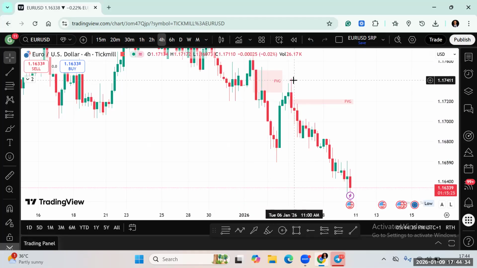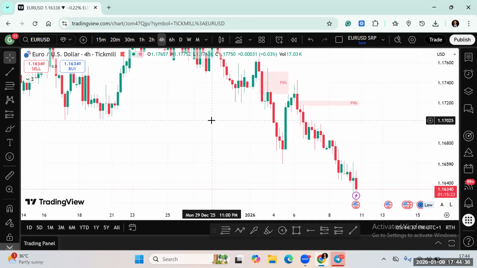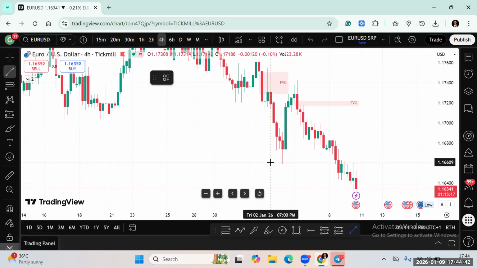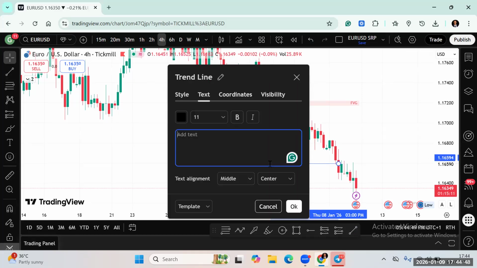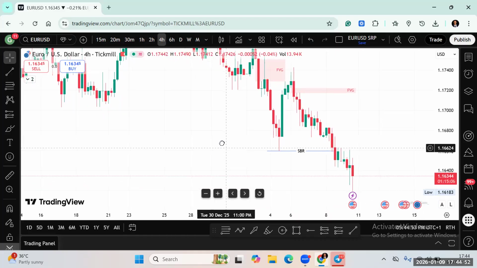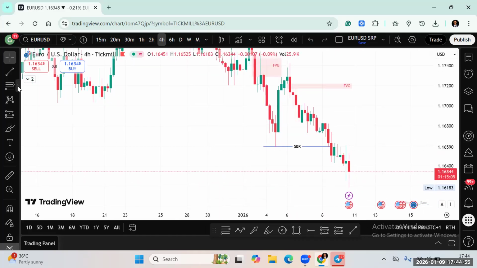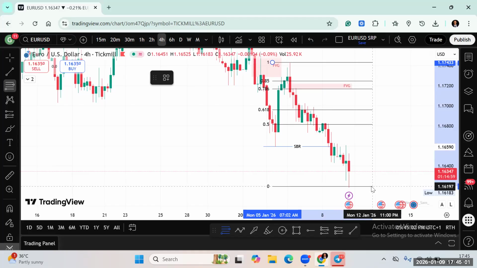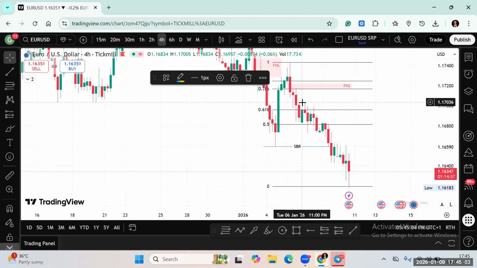Now it has done another sweep and did a break here. So if you mark it to the low that it has formed, I've said if it comes to 0.6, look for entry.